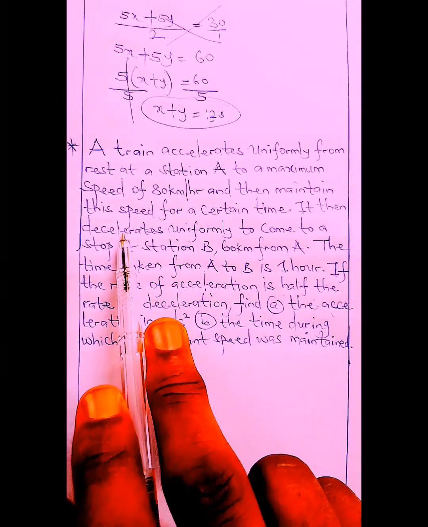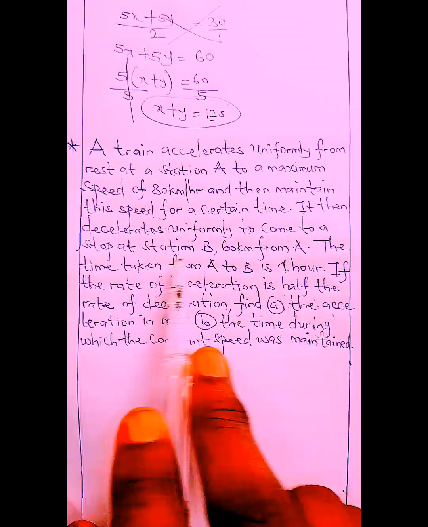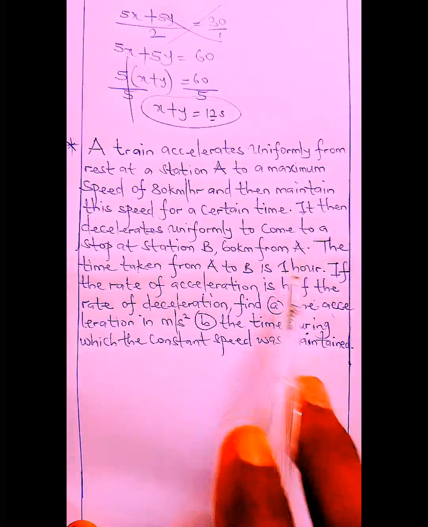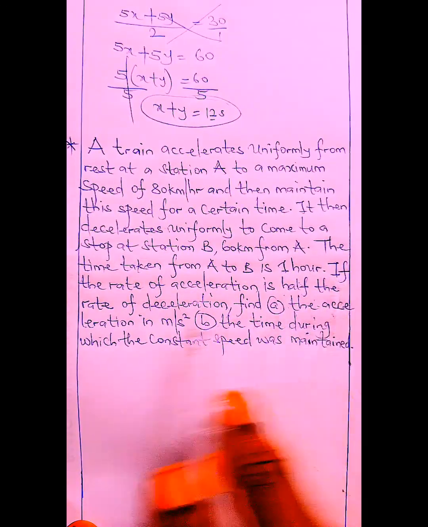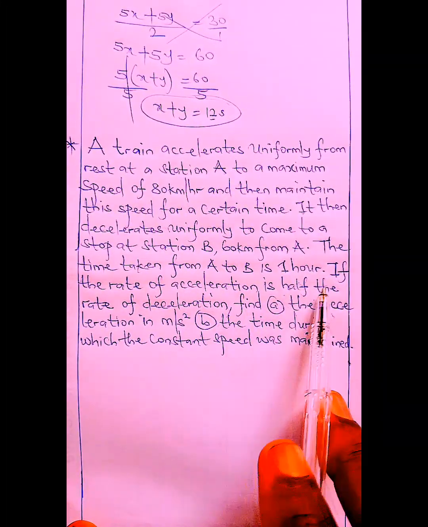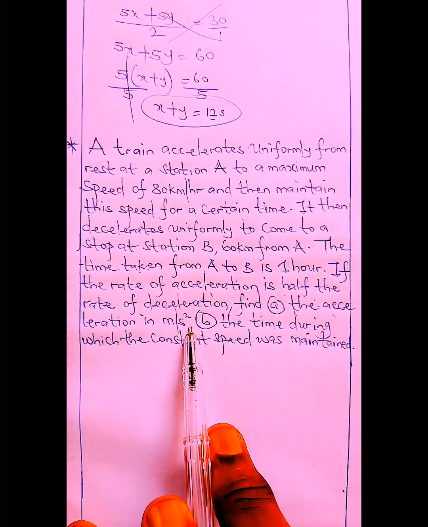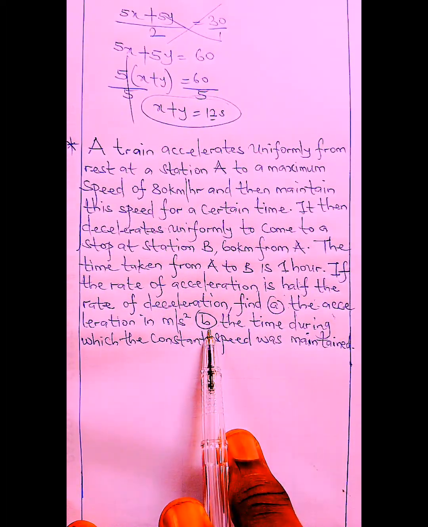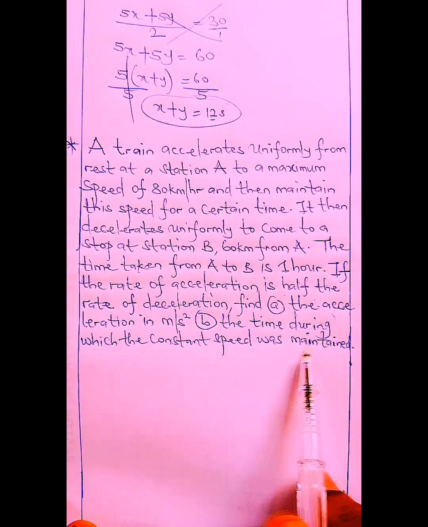It then decelerates uniformly to come to a stop at station B, 60 km from A. The time taken from A to B is 1 hour. If the rate of acceleration is half the rate of deceleration, find A, the acceleration in meter per second squared, then B, the time during which the constant speed was maintained.